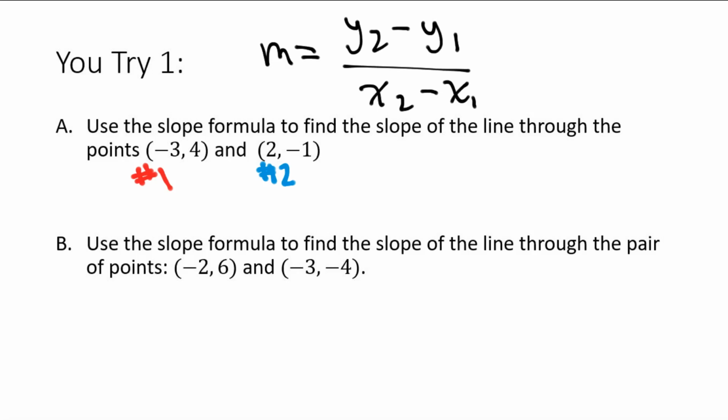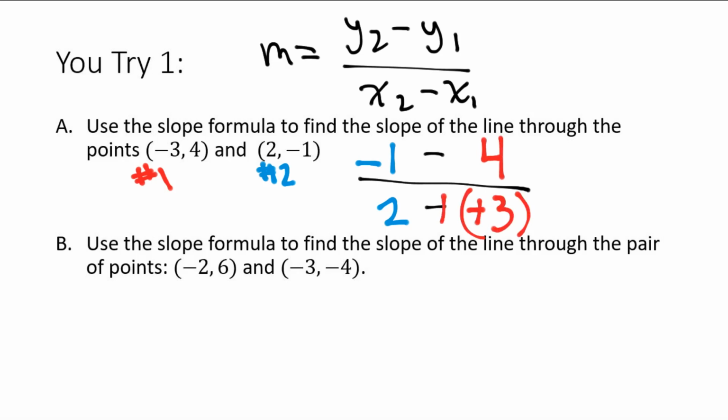I'm going to start with my number 2 point, and I'll have my y value there and my x value here. On my line, put in my negatives, have my y value for my point number 1 here, and my x value here.